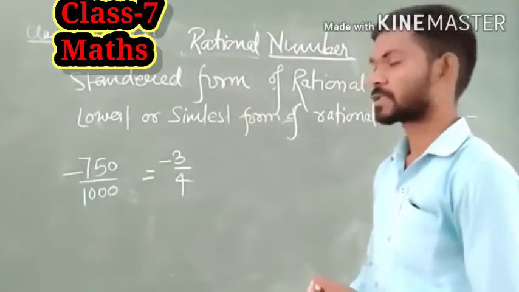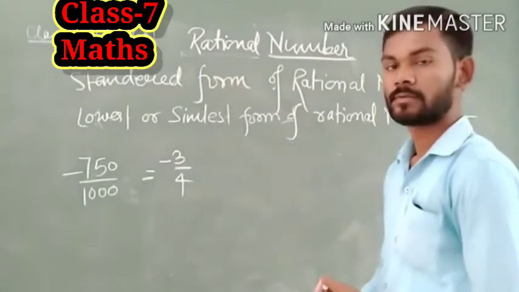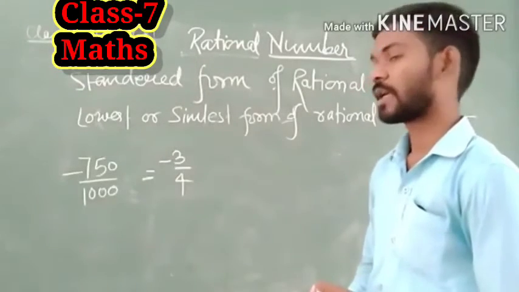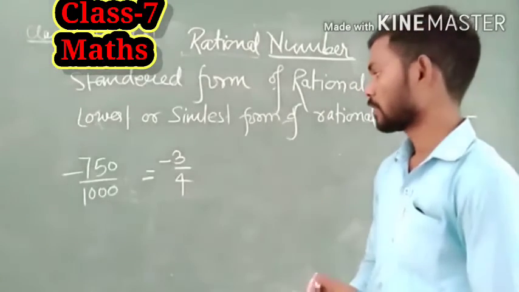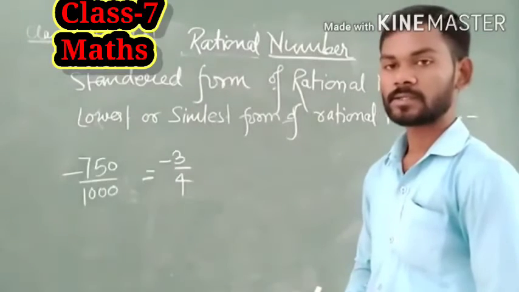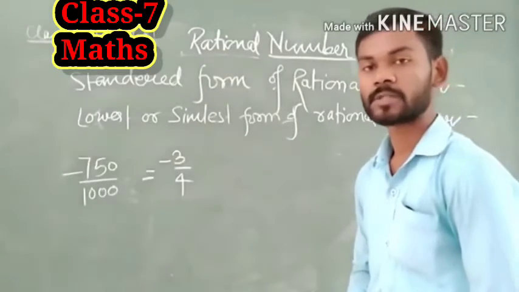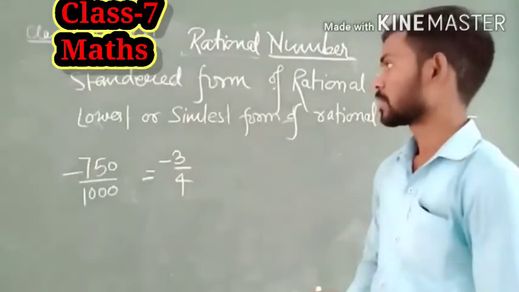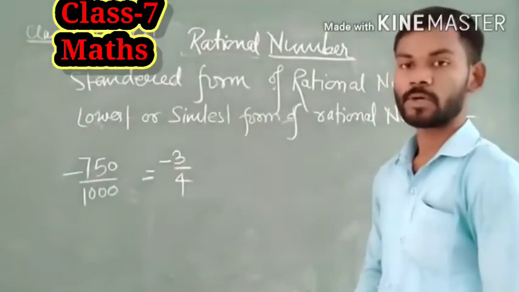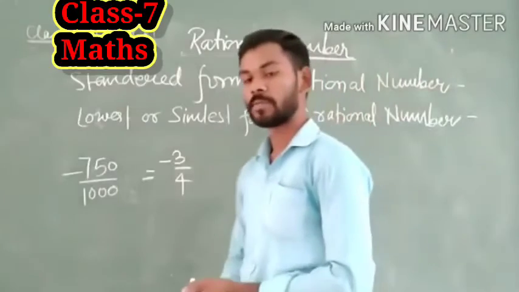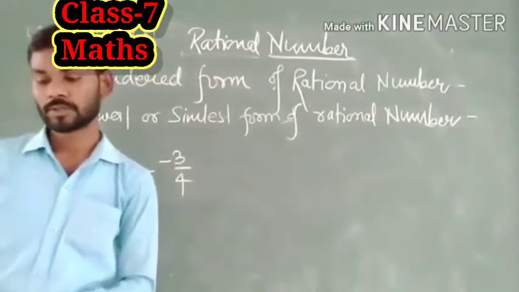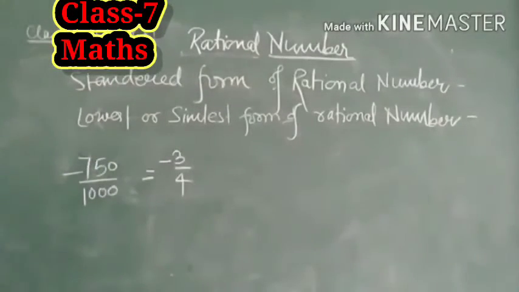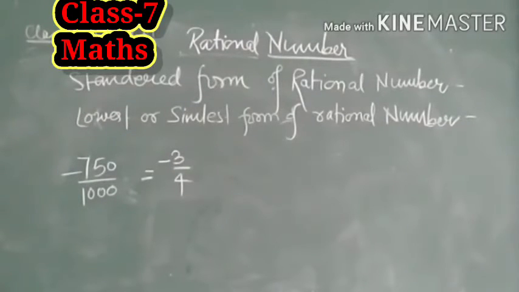While simplifying the rational number, it is not necessary that the sign also be eliminated. Therefore the sign will remain as it is and the fraction becomes smallest, and hence this is the standard form of rational number, and I hope that is clear. Okay students, these are some concepts that we have discussed here.